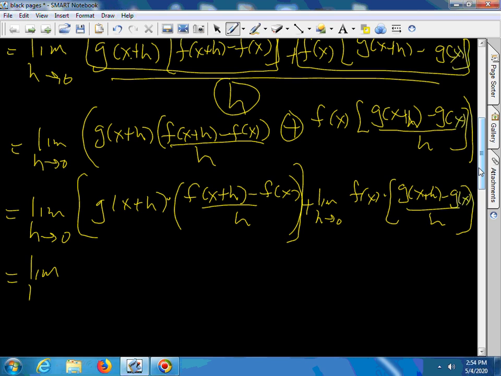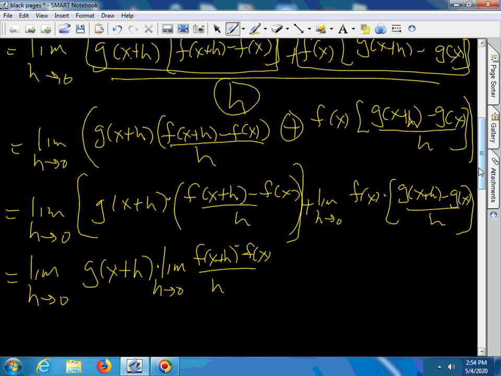So I can take the limit of the first factor times the limit of the second factor, plus do the same thing here. The limit as h goes to 0 of f of x times the limit as h goes to 0 of this.